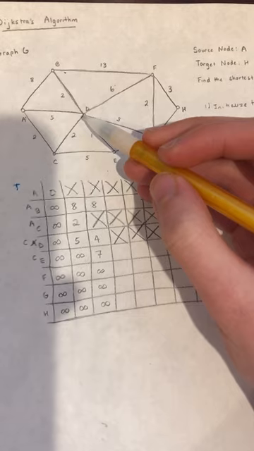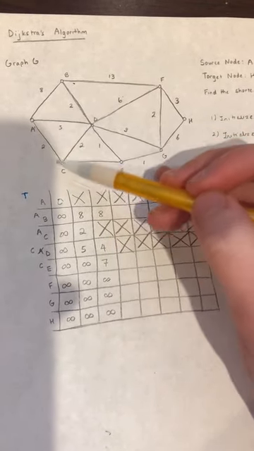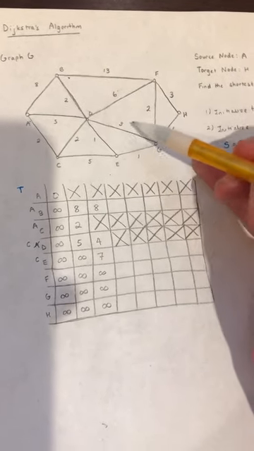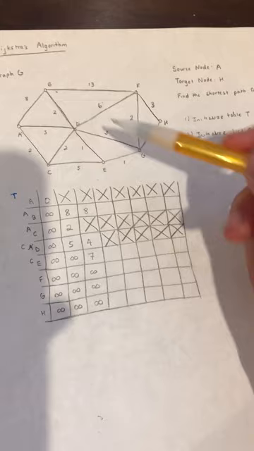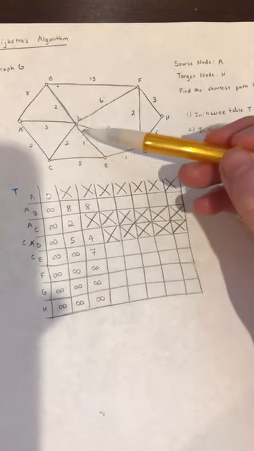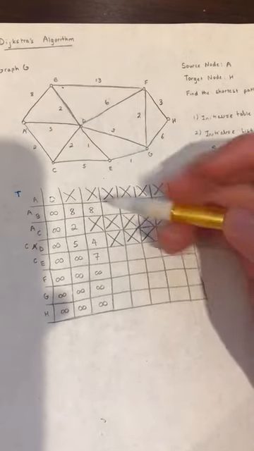So who are D's neighbors? Well, we know that D's neighbors are A, C, B, E, F, and G. That's a lot of neighbors, but the good thing is we don't have to check all of them because we've already seen A and C. So really, we only have to check B, F, G, and E.